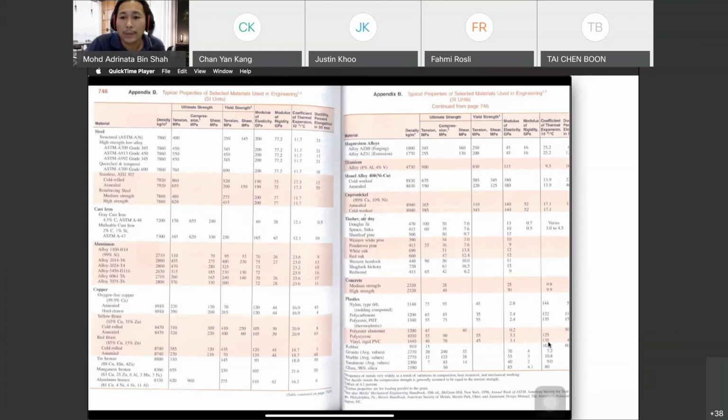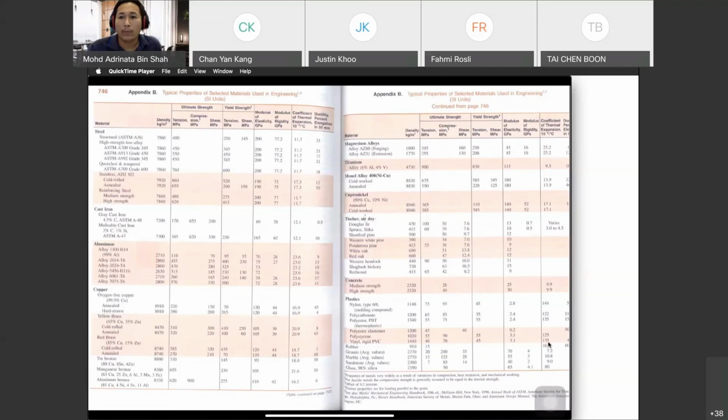You need to consider strength, good resistance of load, and cost.